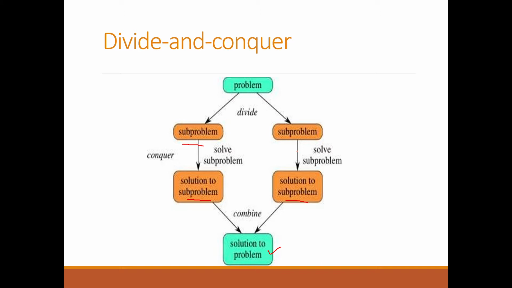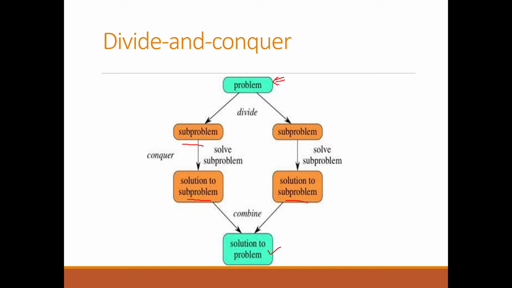So instead of solving this bigger task at hand at once, we are dividing it into smaller parts. Those smaller parts are solved and all those solutions are combined to give the solution to the actual problem in hand.